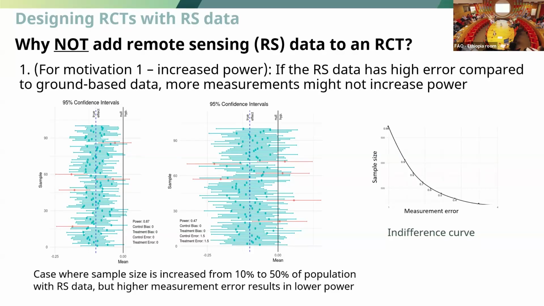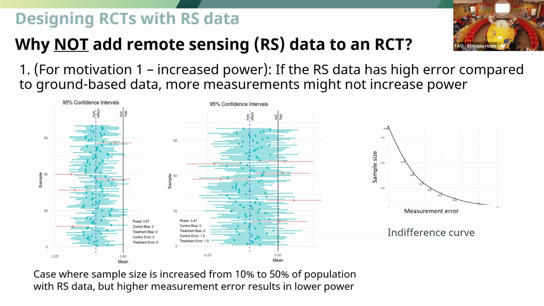But if you did know the error in your remote sensing data, then you can look at what kind of power you would gain from adding more observations, or sometimes lose. If you have high error, you might actually lose power, in which case you don't want to add remote sensing data.